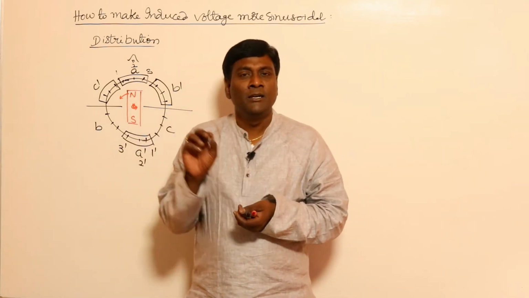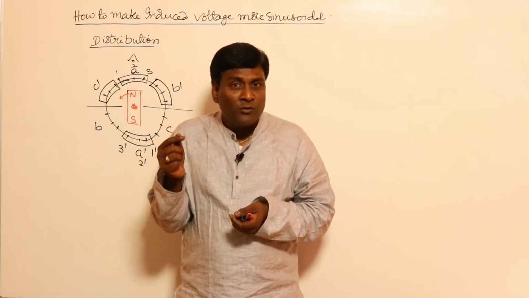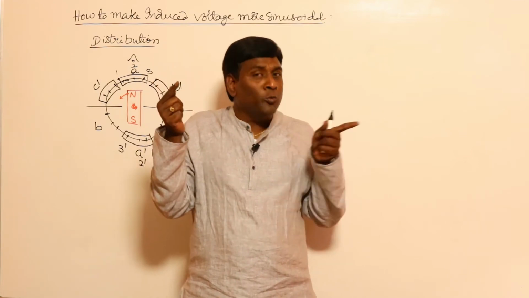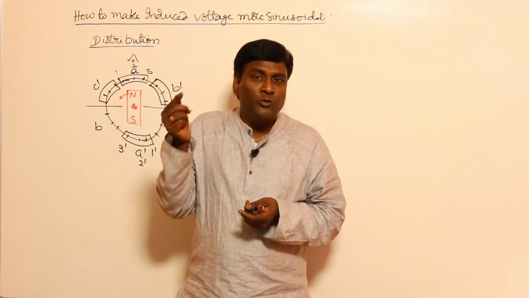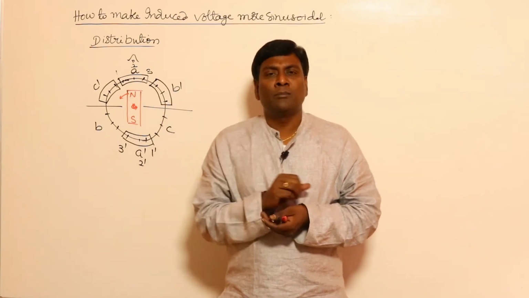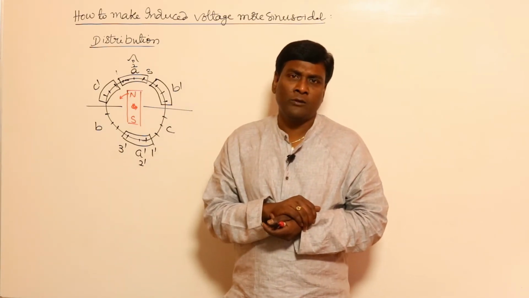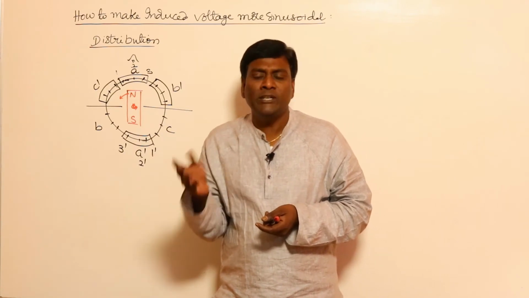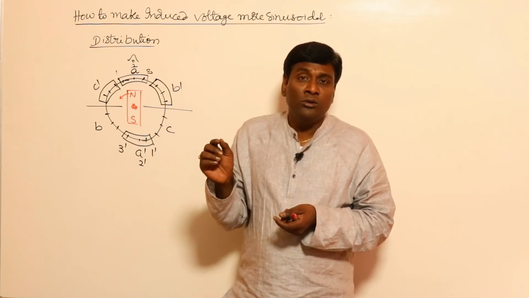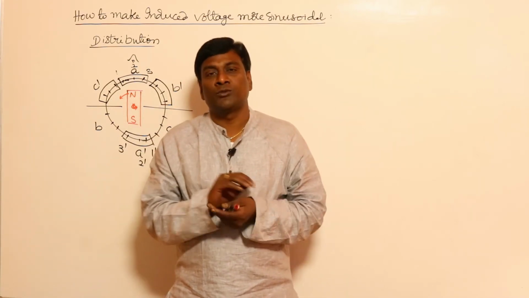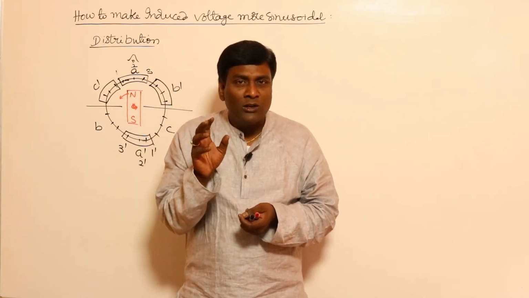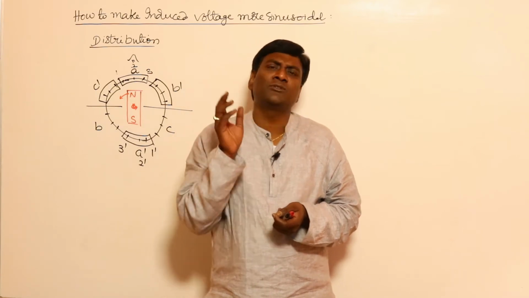But we can say because of distribution, the number of turns of copper will be increased in order to meet the same rated voltage of 11 kV. So the number of turns has to be increased, meaning the volume of copper requirement will be increased. So we have to invest more, it's fine. We are ready to invest more money in order to attain a sinusoid. So getting sinusoidal voltage in an alternator is not that simple.